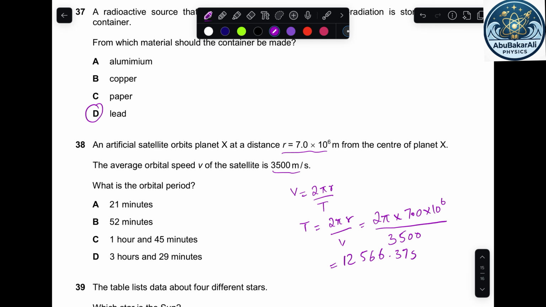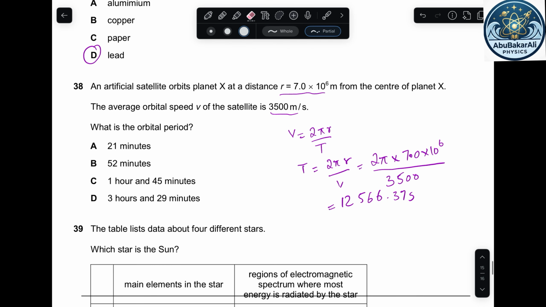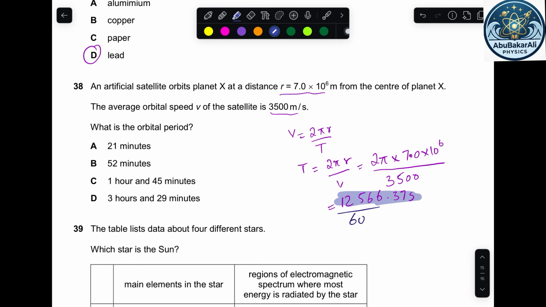We don't have any answer like this. We have options in minutes and hours, so let's convert this into minutes. I have this answer in seconds, so I divide it by 60. Dividing by 60, I will get 209.43.